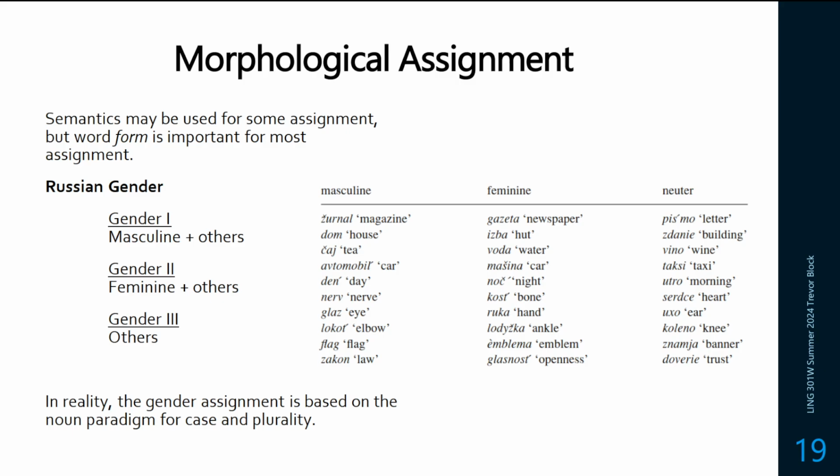But the thing is, gender 1 and gender 2 also include a lot of other things. If we take a look at masculine, we have house, car, nerve, flag. With feminine, we have newspaper, night, ankle, openness. And with neutral, we have words like letter, taxi, ear, and banner. Now, the interesting thing is the first 3 in each row, magazine, newspaper, and letter.